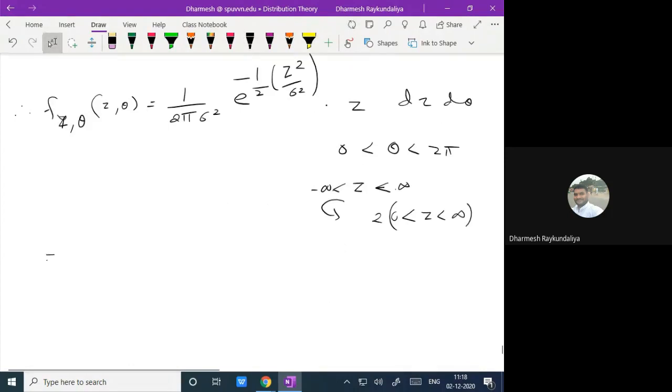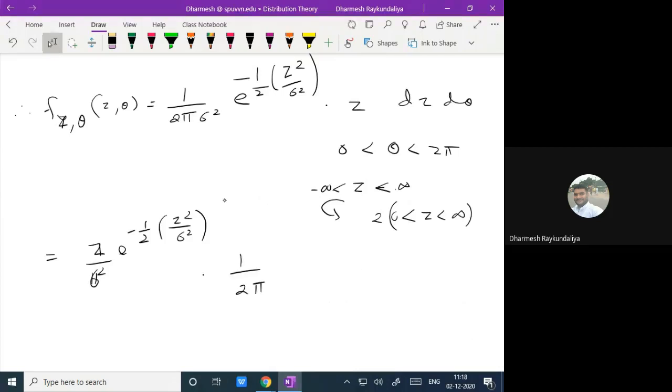So what we will get is 1 upon sigma square e raised to minus half z square by sigma square, into z is also there, into 1 upon 2 pi.